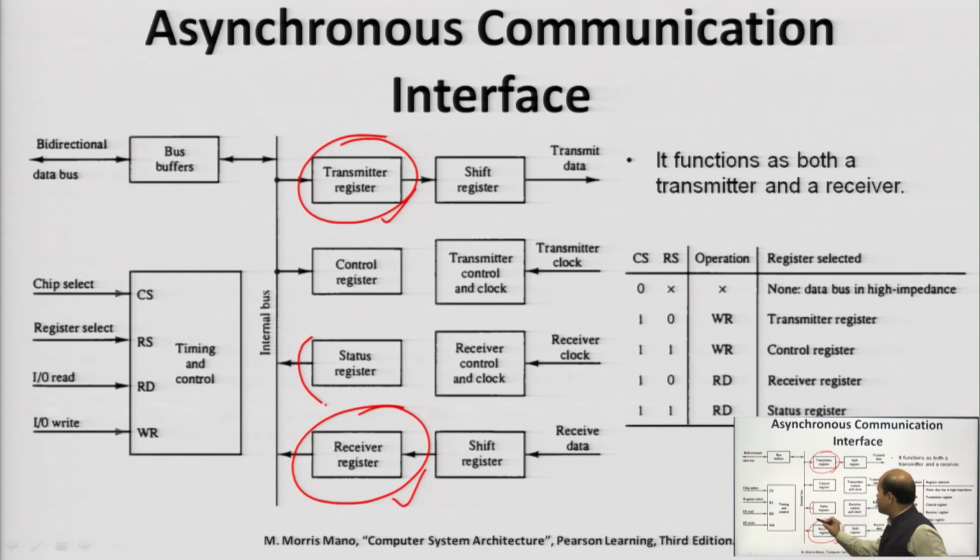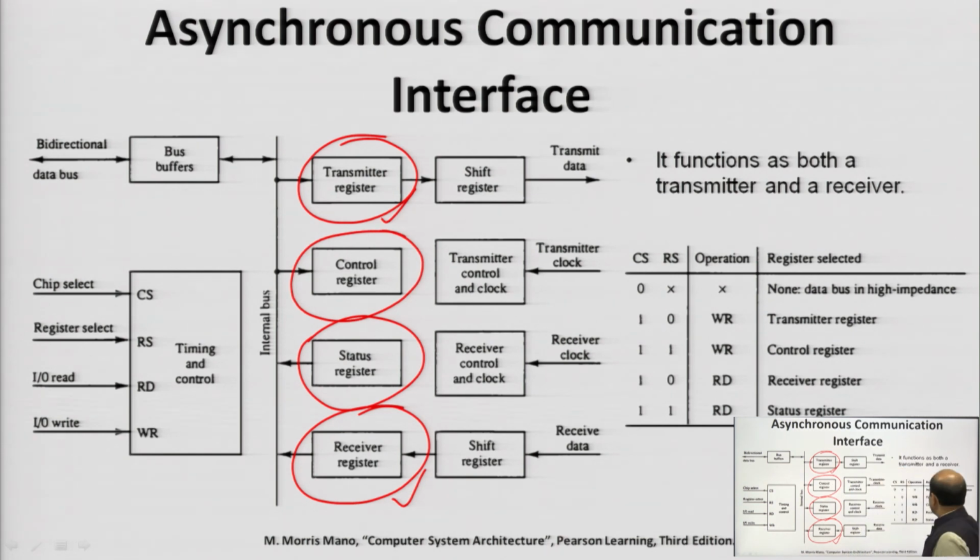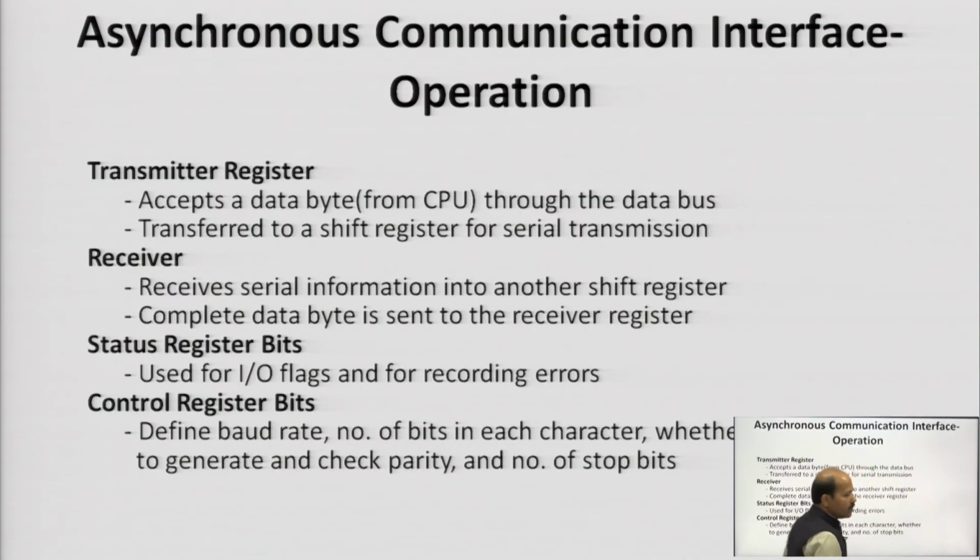The status register is used to check the flag conditions, and the control register is used to issue various control commands for reading and writing. This is the table used for this particular circuit, showing how this interface will work as a transmitter or as a receiver. These signals are used to work with this device.